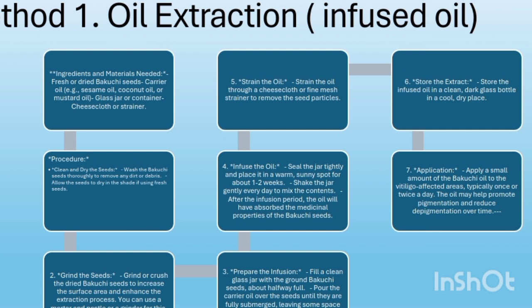Ingredients and materials needed: fresh or dried Bakuchi seeds, carrier oil such as sesame oil, coconut oil or mustard oil, and a jar or container. Procedure: in the first step, we have to clean the seeds and dry them naturally. In the second step, grind the seeds with a mortar and pestle to increase the surface area and enhance the extraction process.